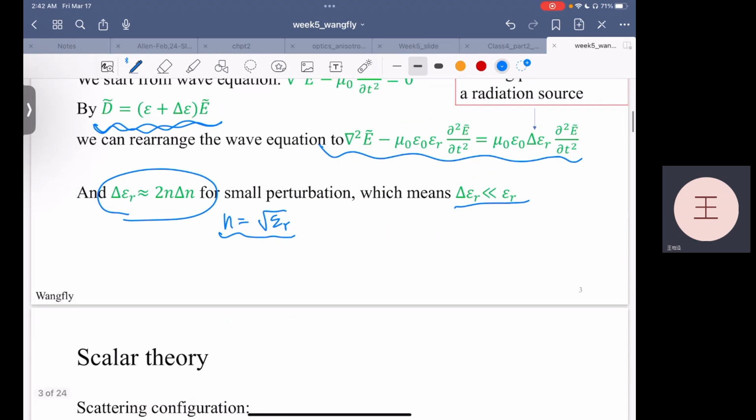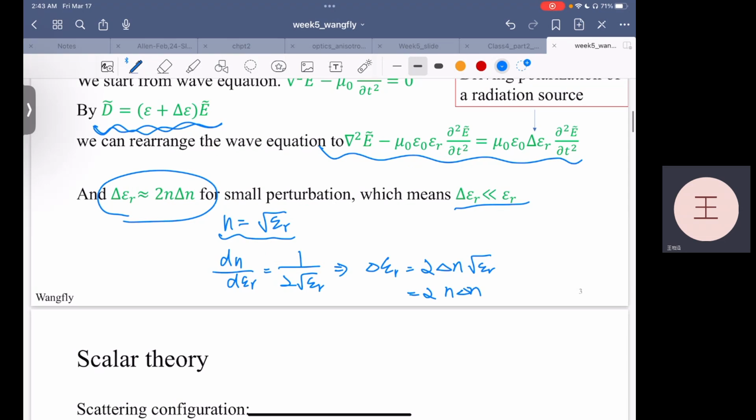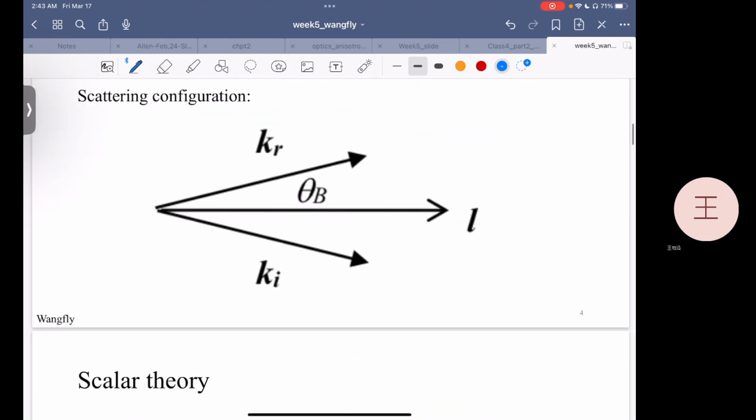This can be easily shown, which indicates that delta epsilon r equals 2 n delta n. So we will get this kind of relationship.